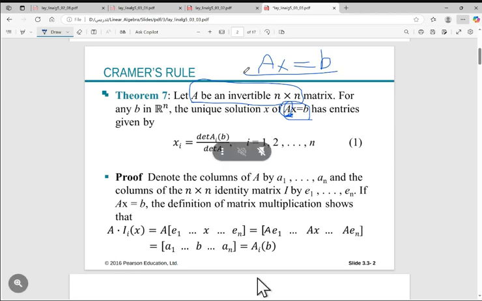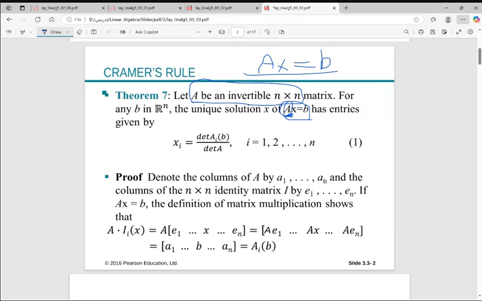We already had a theorem that for every B, this system has always a unique solution. What is that solution for every B? Just one solution. So what is that one solution?